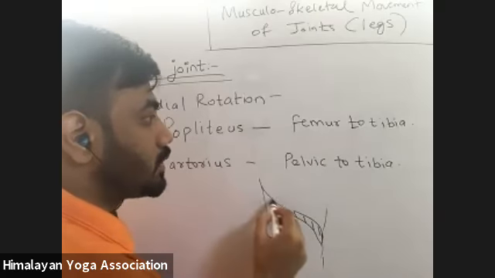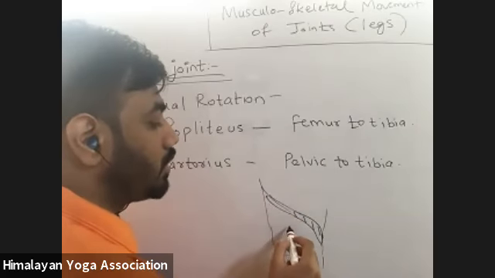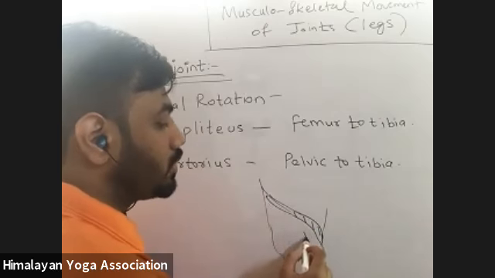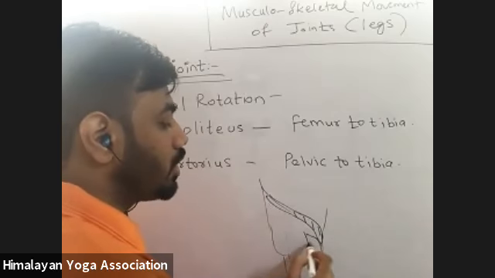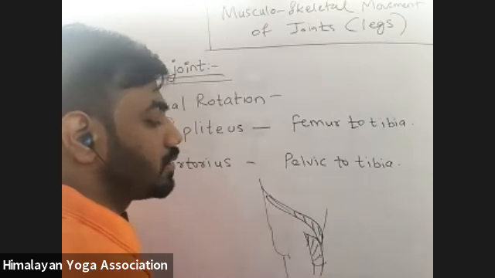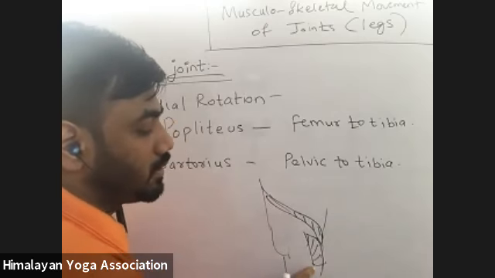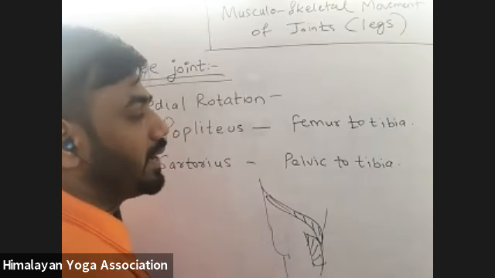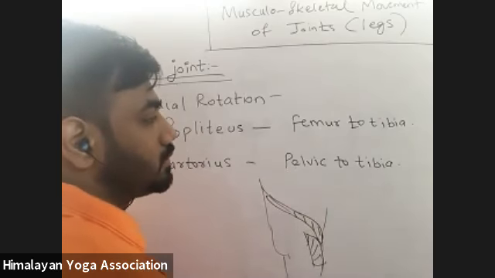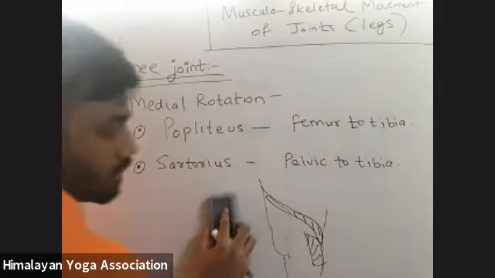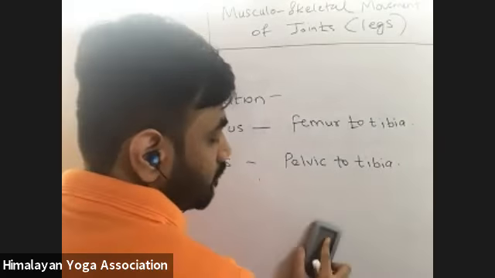The popliteus muscle is also here, from the femur to our tibia. So from the femur to the tibial bone, we have a small muscle just next to the sartorius, towards the medial side. Then we have our kneecap.